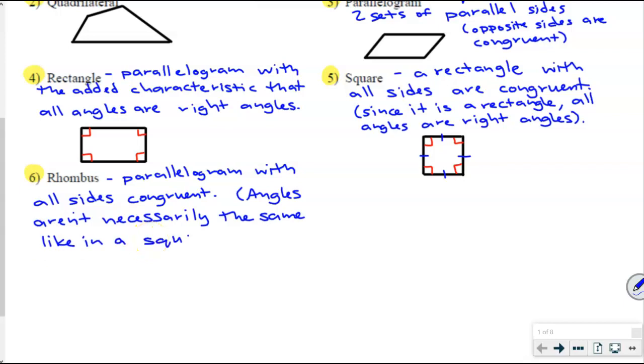However, once again, this meets the definition of rhombus. It is a parallelogram. All sides are congruent, so this is a rhombus. So let's draw two examples here. That is a rhombus.